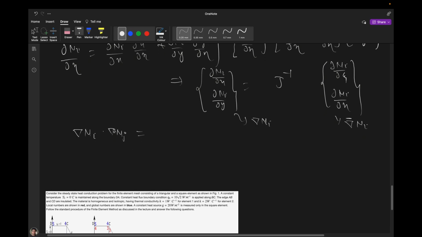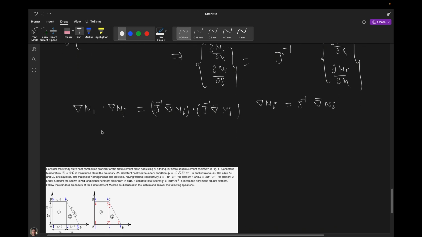So what we can write is del n_i equal to J inverse times del bar n_i. I will write clearly, which means I can convert del n_i equal to J inverse del bar n_i. So you can write J inverse del bar n_i, okay, dot J inverse del bar n_j.